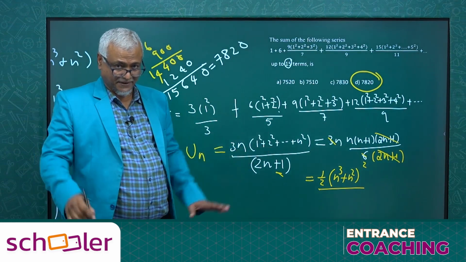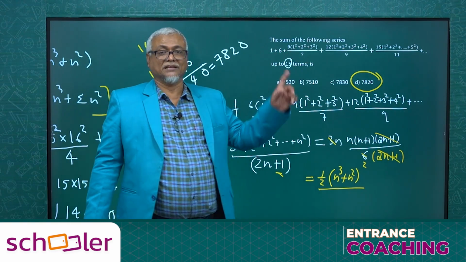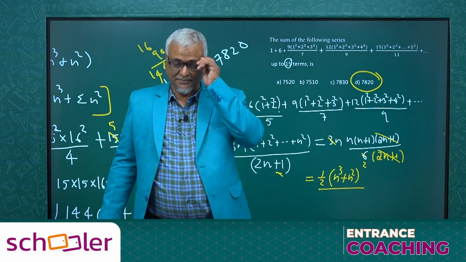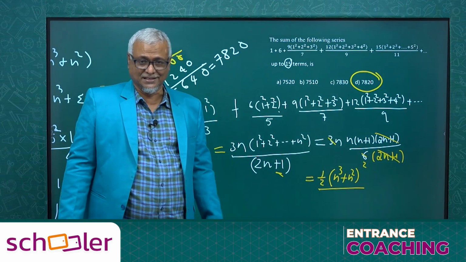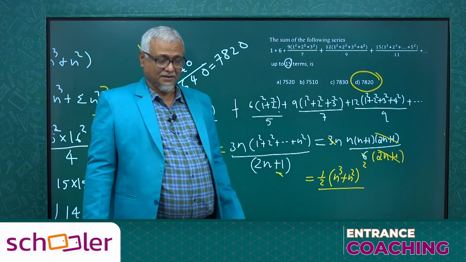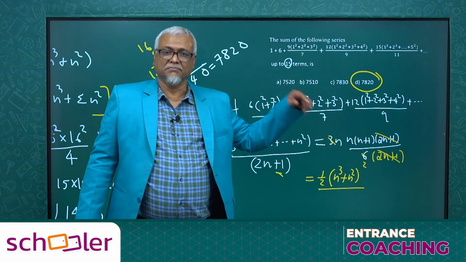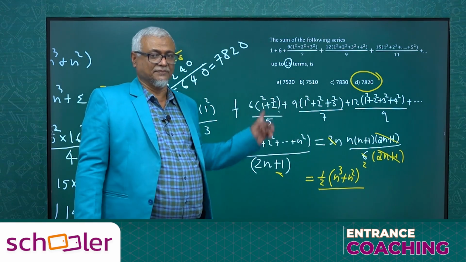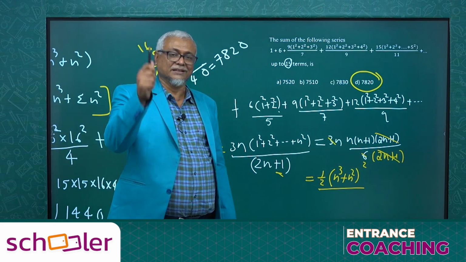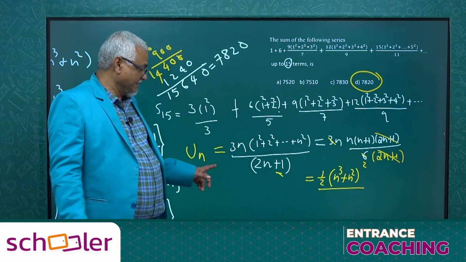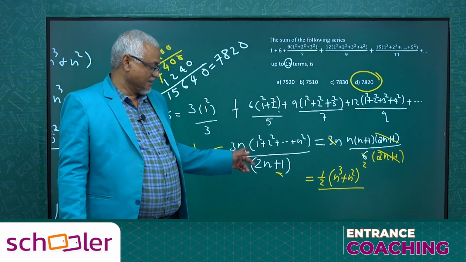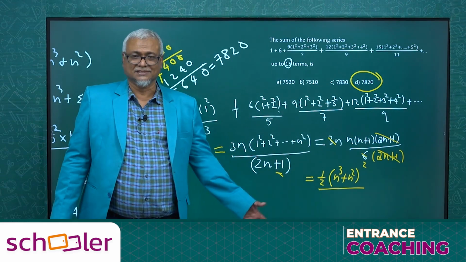I will say this once more. Here, the most difficult thing is that we complete the pattern for the first and second term. Of course, we find it is easy, not so difficult. We consider all the other terms, then we make a pattern for the second term and for the first term. And we write the nth term. Nth term is 3n into, that is easy.